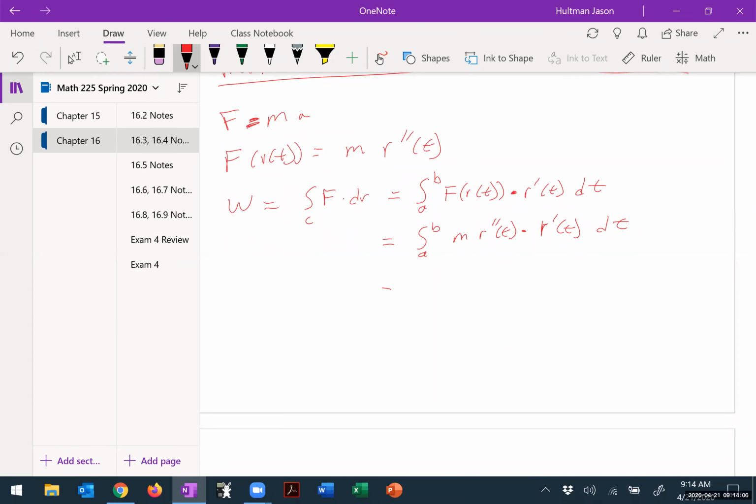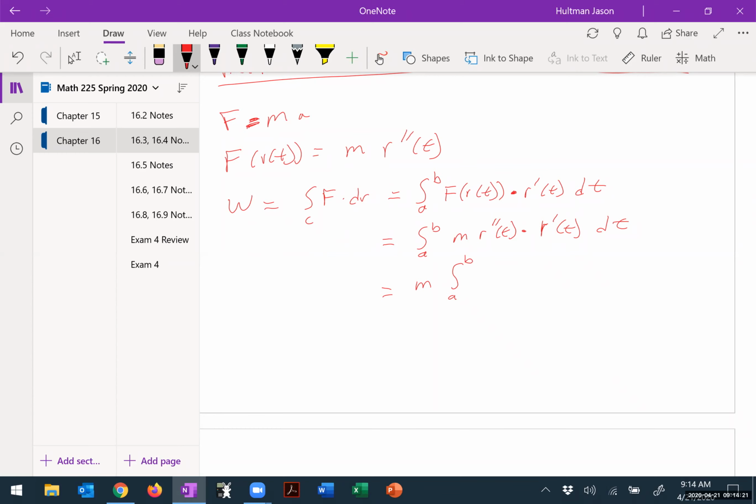This is equal to, I'm going to pull out the m, and I'm going to do a little trick here. I'm going to be a little sneaky. I'm going to write two of the same thing so that I can use the product rule.